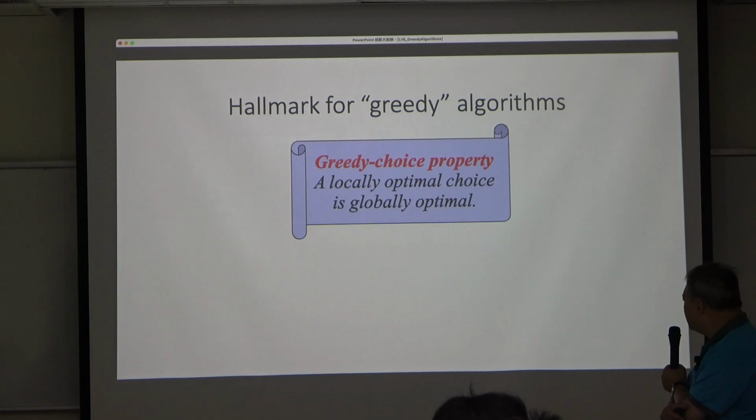What is the greedy choice property? It's that a locally optimal choice is globally optimal. Okay, what do I mean here?